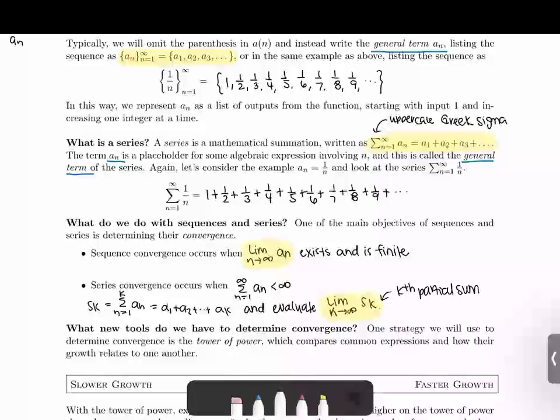So again, you may remember from Calculus 1 when we evaluated these limits at infinity, and we're going to use some of those same tools here. Specifically, when we learned this in Calculus 1, we learned some tricks of comparing the degree in the numerator and the degree of the denominator whenever we had rational functions or whenever we divided polynomials.